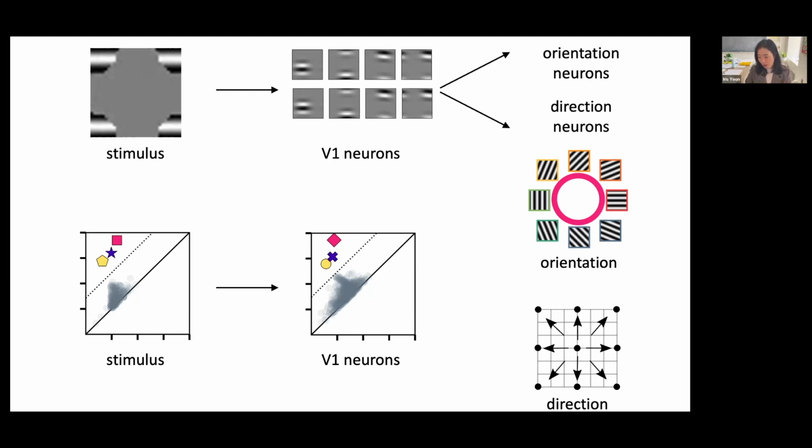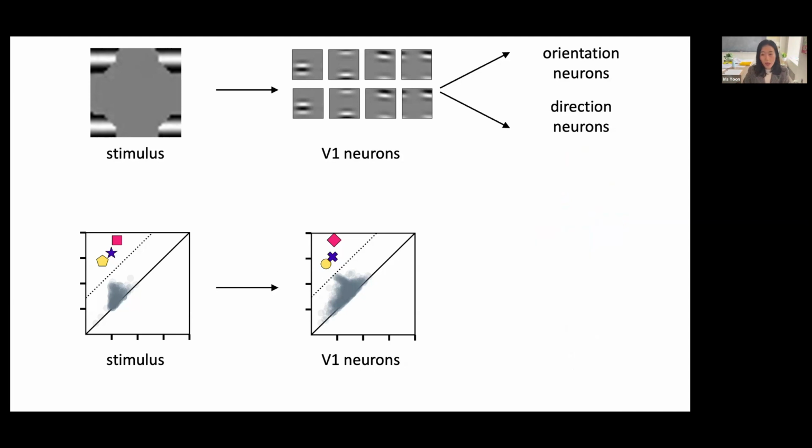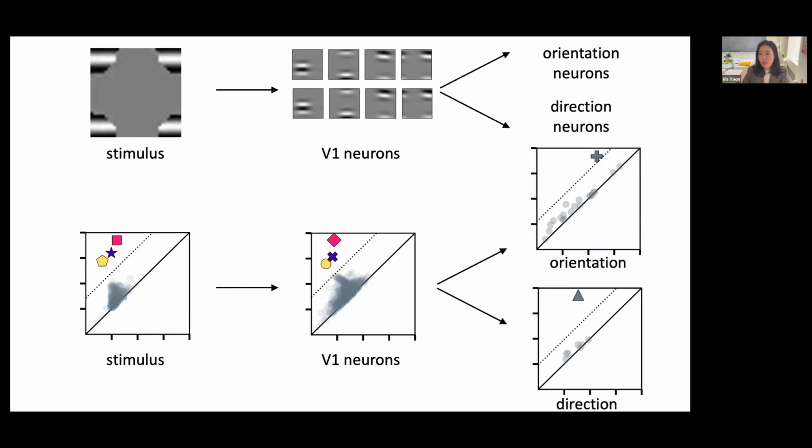So the direction neurons also live on an S1, because the different directions that you can move into also form a circle. As expected, if you run persistent homology on each of these collections, you're going to get a persistence diagram that tells you that there are single significant features.